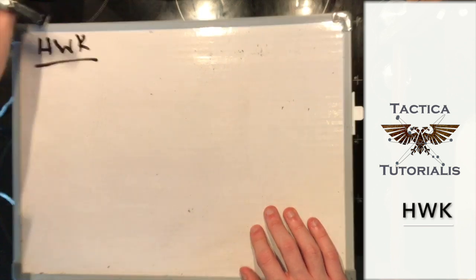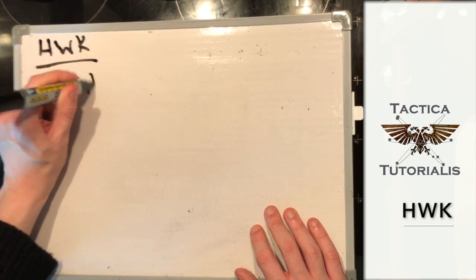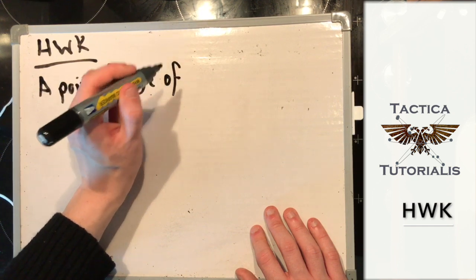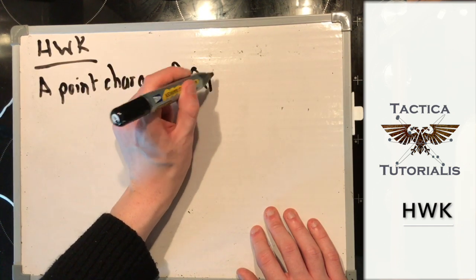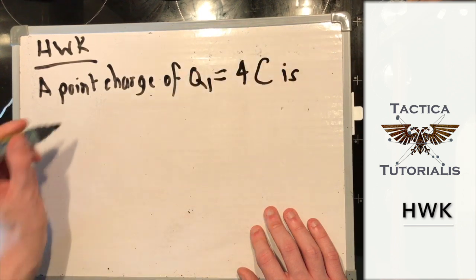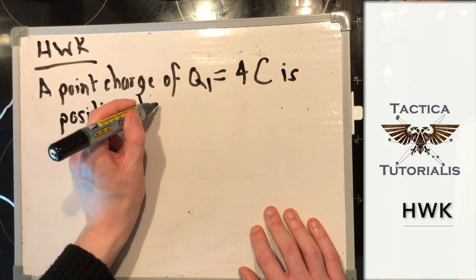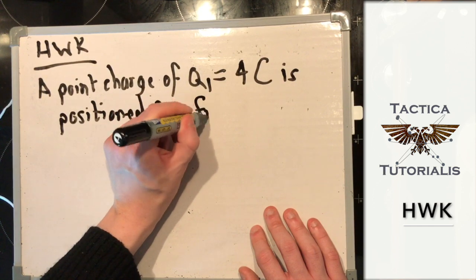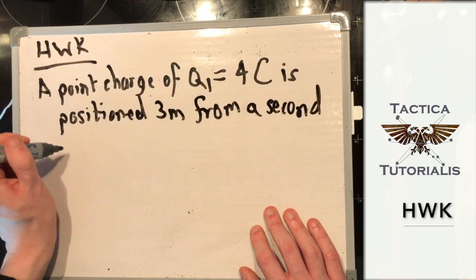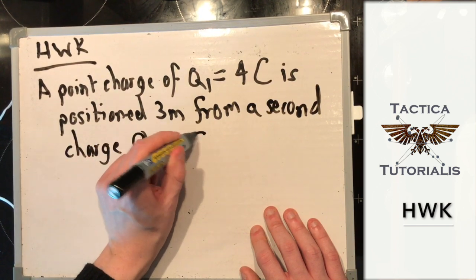So I'm going to say I have a point charge of Q1 equals 4 coulombs is positioned 3 meters from a second charge Q2 equals 5 coulombs.